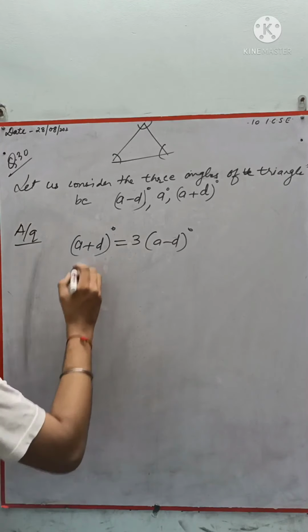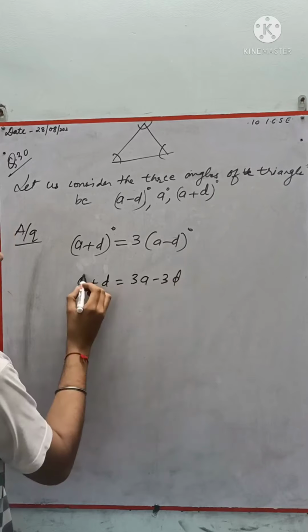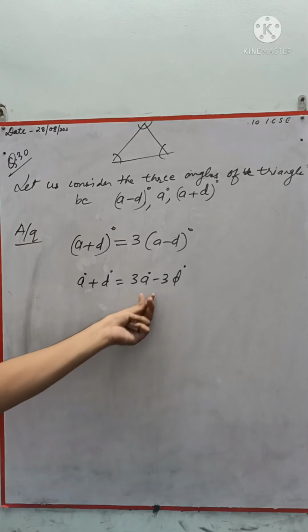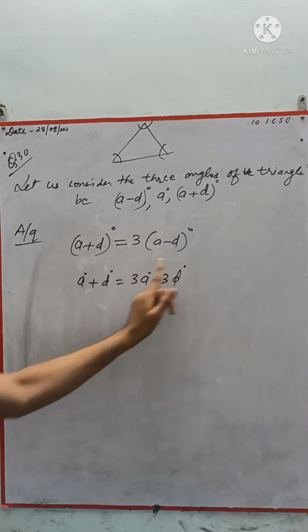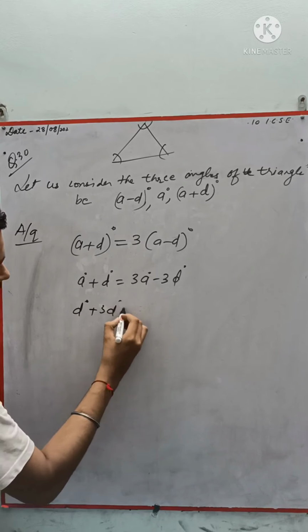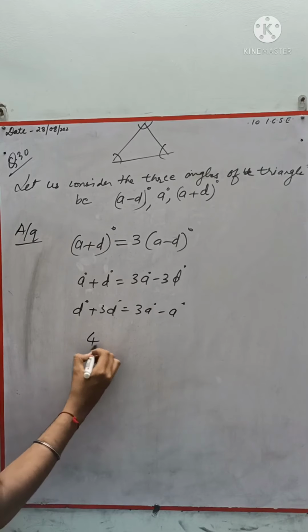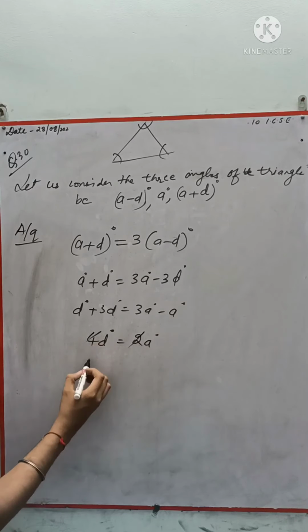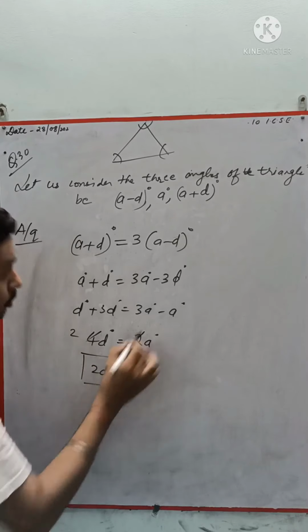So A plus D is equal to 3A minus 3D. Please write this in degrees. Minus 3D can be transposed here and A can go that side. So D plus 3D is equal to 3A minus A. It will give you 4D is equal to 2A. This 2 with this 4 cancelled. So 2D equal to A, so A is equal to 2D.